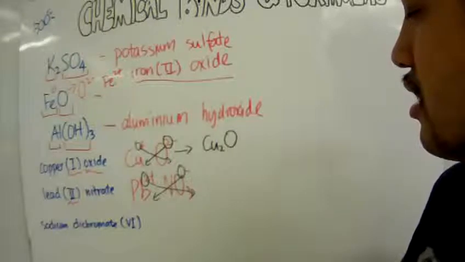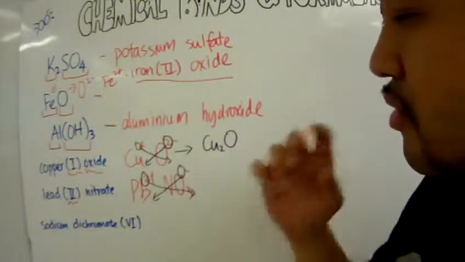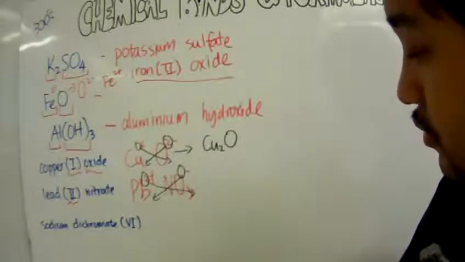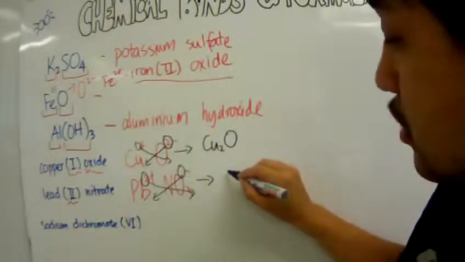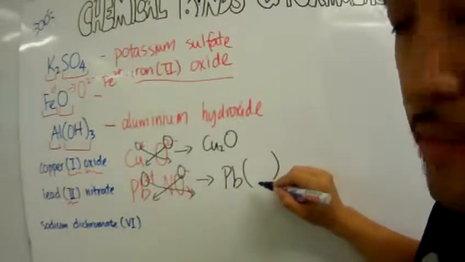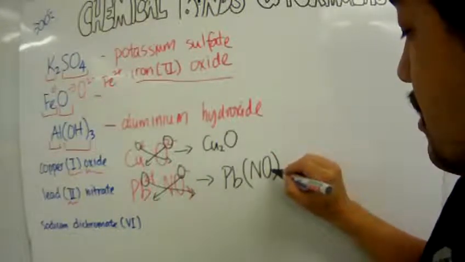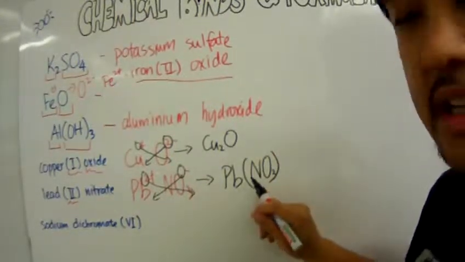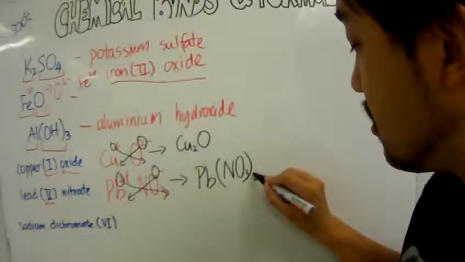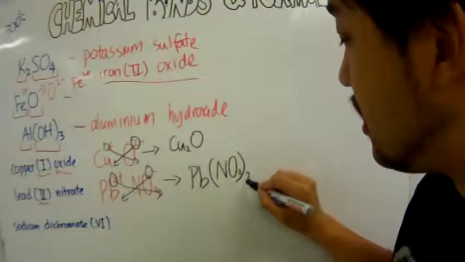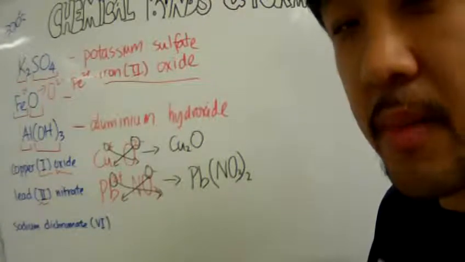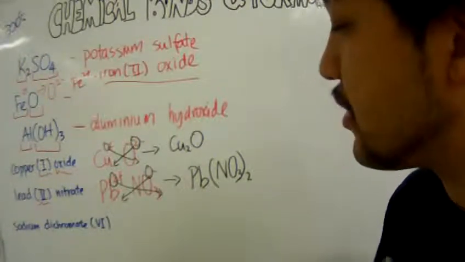We notice that you need 2 nitrates for every 1 lead(II) ion. And so the formula would be Pb, and because you need 2 nitrates, you have to write the brackets. And you write the nitrate inside those brackets. And because you have 2 nitrates, you write the 2 at the bottom right corner here, like so. And so what you get here is now the formula for lead(II) nitrate.